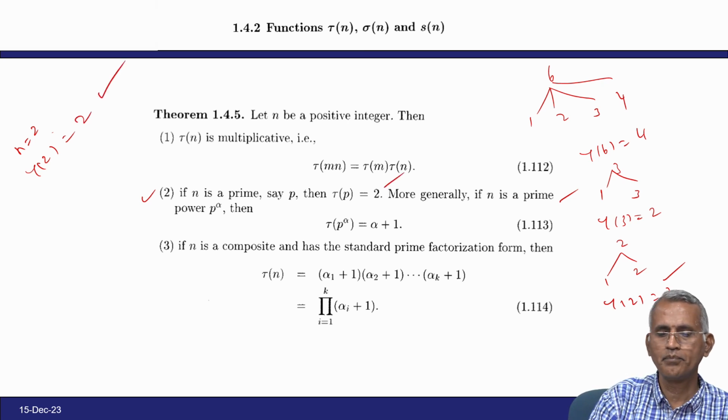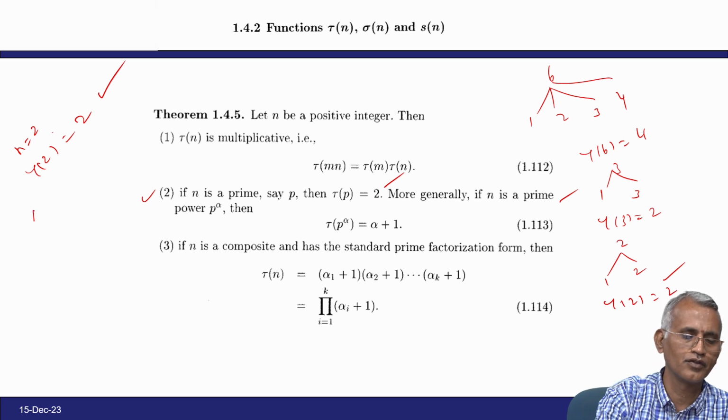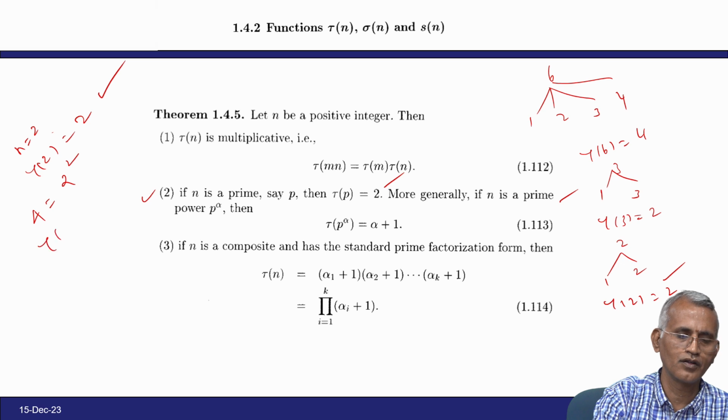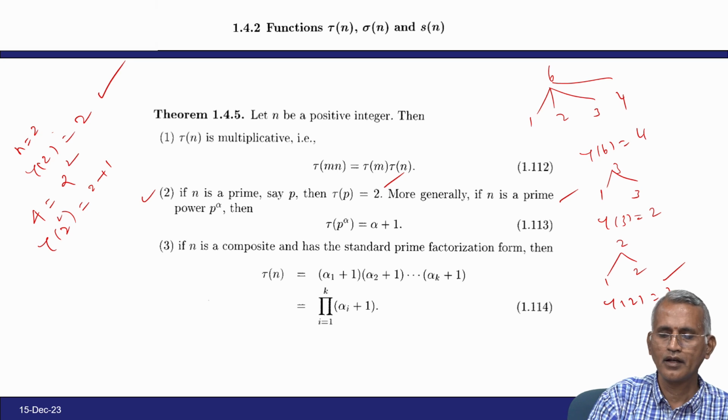If n is a prime power p power alpha, say for example you take 4, it becomes 2 square, then tau of 2 square is 2 plus 1, that is alpha plus 1 is 3.